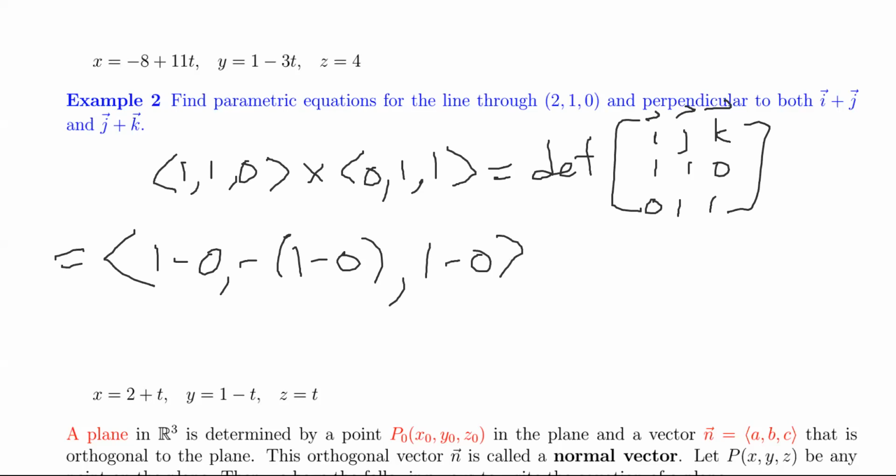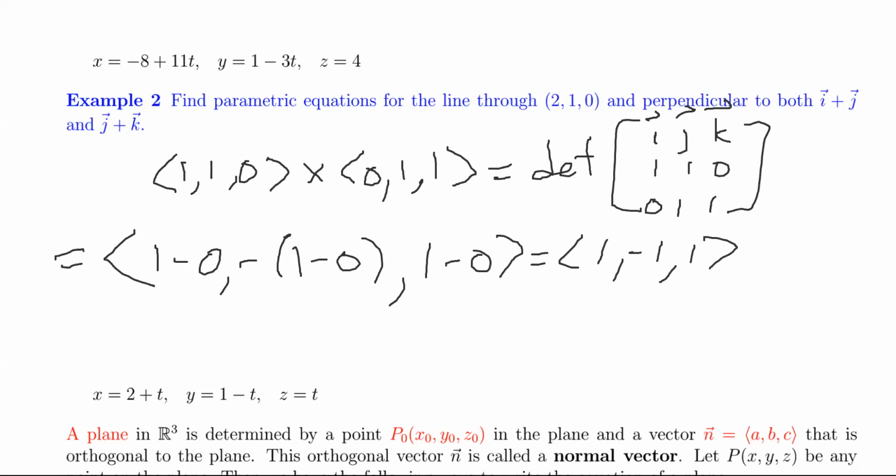This gives us the vector (1, -1, 1). And that vector is perpendicular to both the vector i plus j and the vector j plus k, which means it points in the direction of the line that we are trying to find.